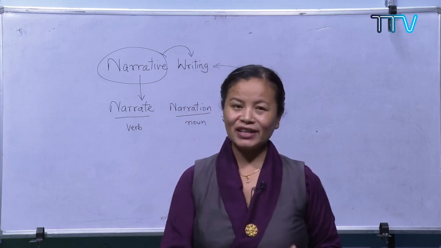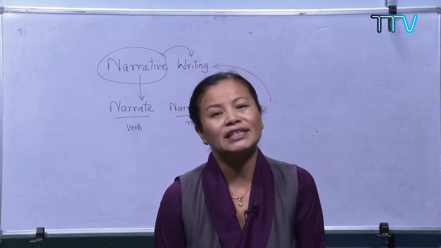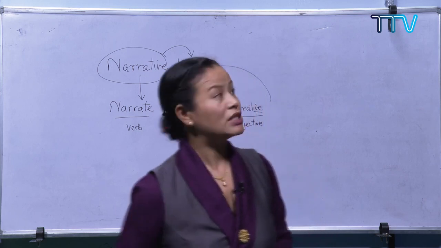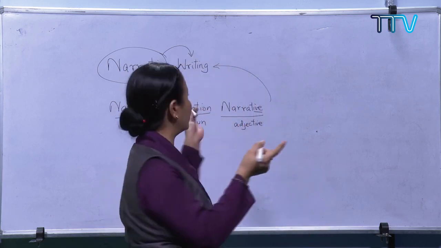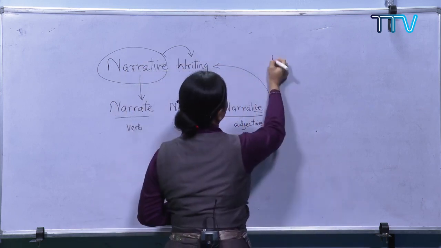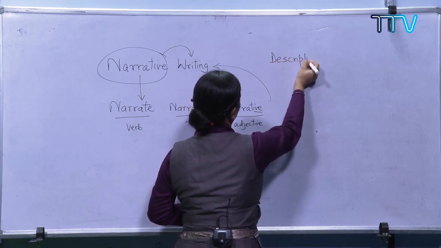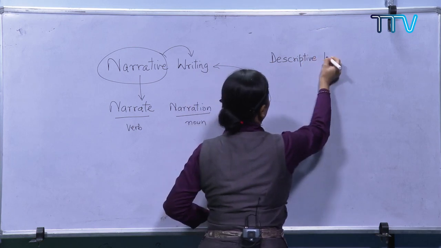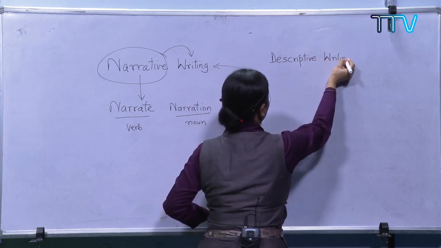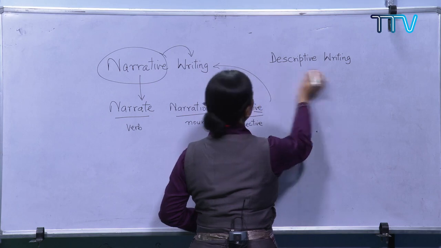So the next type of writing is descriptive writing. As the word suggests, like expository, narrative, and then you have descriptive. Descriptive writing.